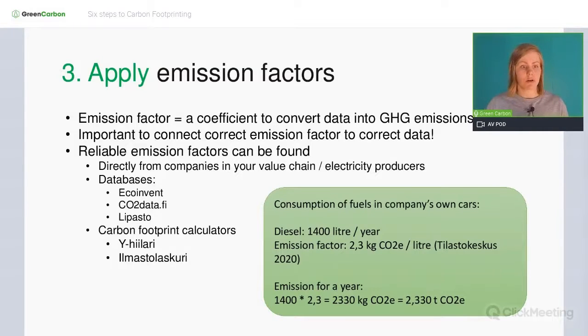Emission factors can also be found in different databases. For example, EcoInvent is a database that is not free; it needs a license. CO2 data and Lipasto are from the Finnish context, so if you come from other countries, these are not for you. CO2 data is for construction materials, and Lipasto is for transportation. You can also find carbon footprint calculators on the internet.